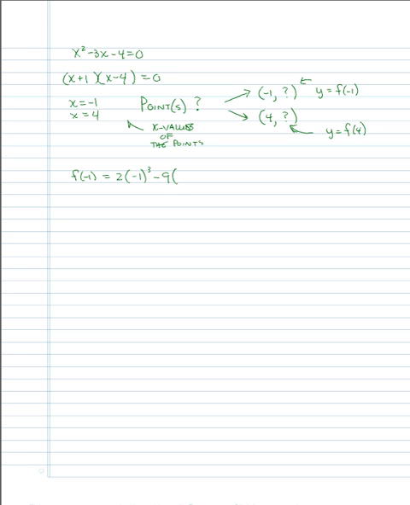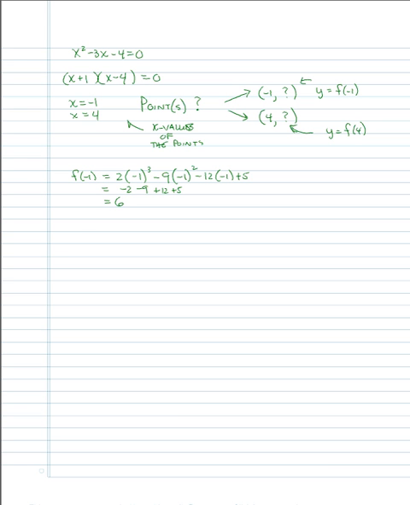So it was -9 times x squared, and x is -1, so we'd have -1 squared. And it was -12 times x, and x is -1, and then it was a +5. When we do those calculations, we end up with a -2 here, and a -9, and a +12, and a +5, and altogether that becomes 6.